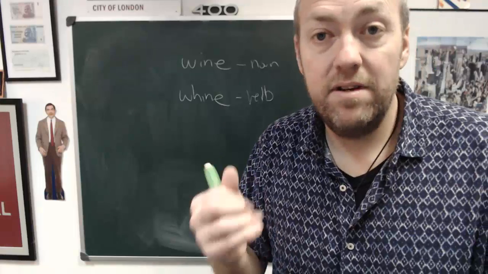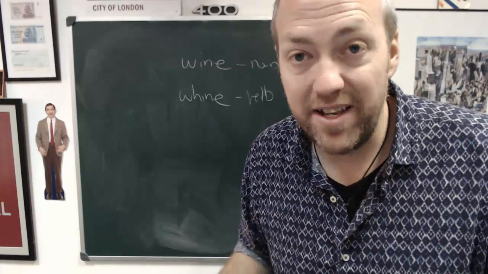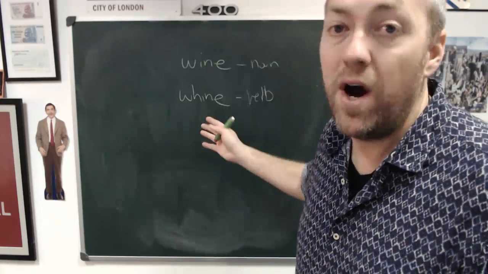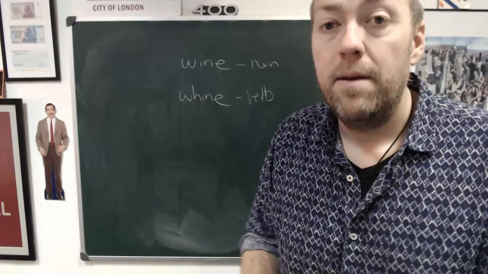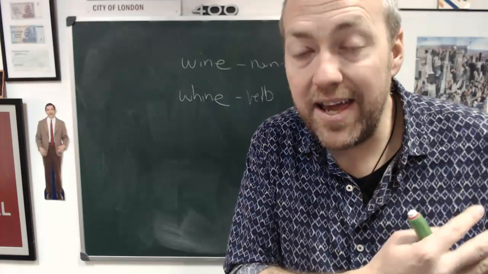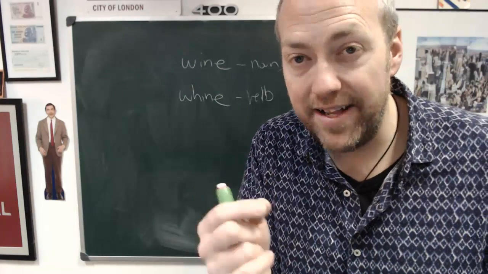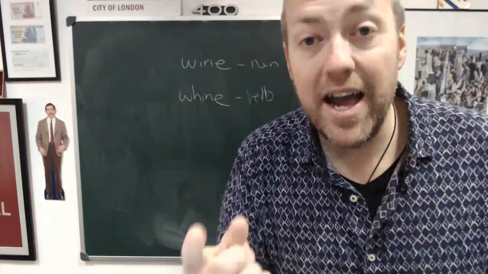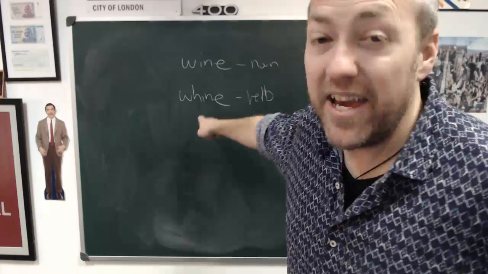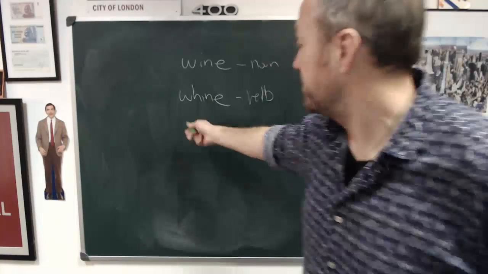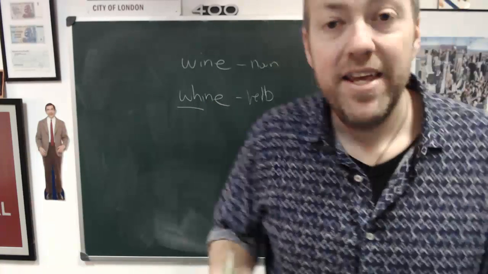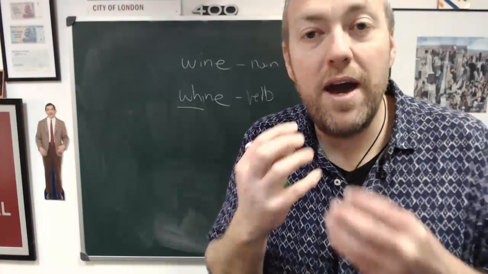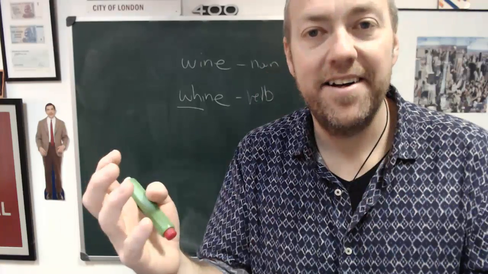In British English, American English, okay, there is no difference between the two, wine and whine, okay? But in the past, and also in some dialects, like in Scottish English, in Irish English, they do pronounce the H, okay?